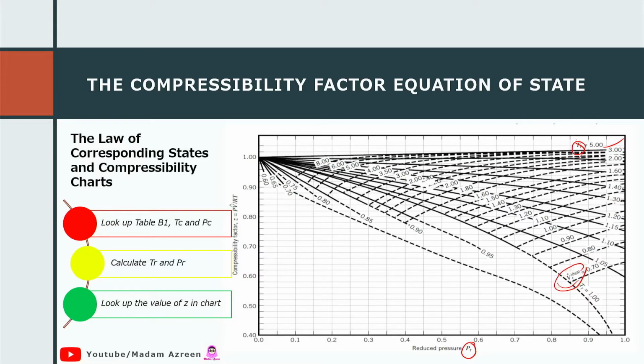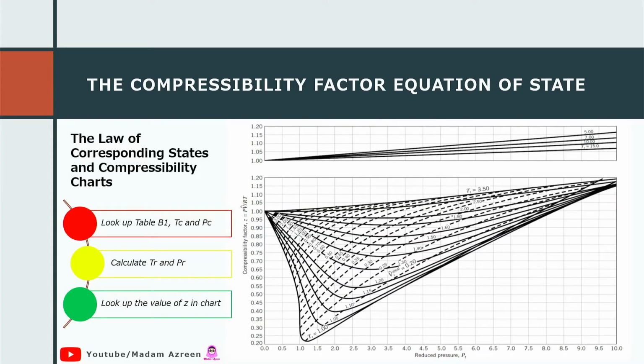So you need only two parameters to get the third one. Okay. And the steps are the same. Same goes with this one, different values of TR and PR.